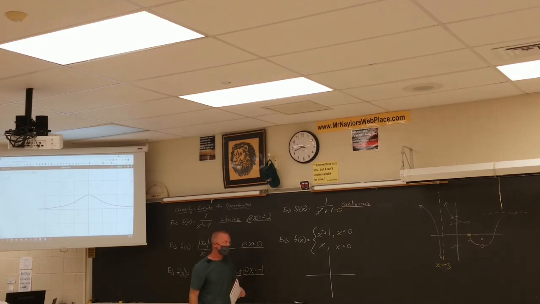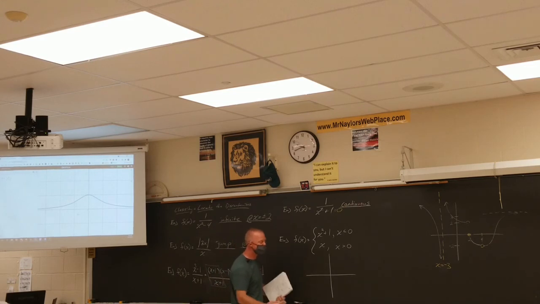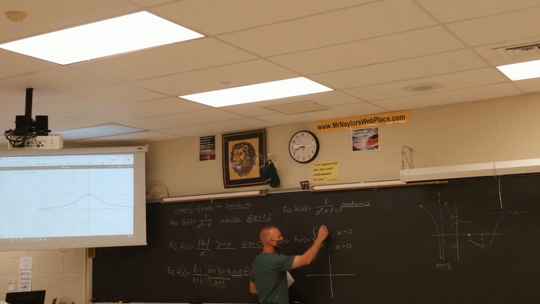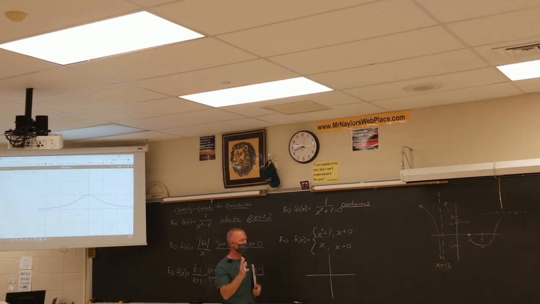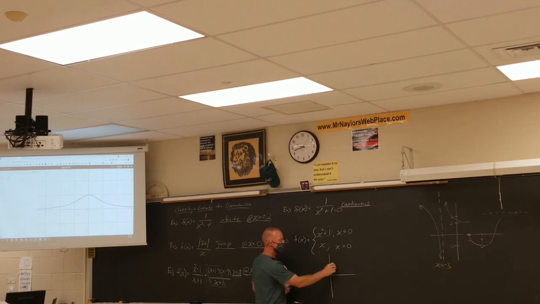This is something we did back around winter, and I know you studied it other places. If I had to graph x squared plus 1, maybe you type that in Desmos. Maybe you think, wait a minute, that's just a parabola that shifted up 1.